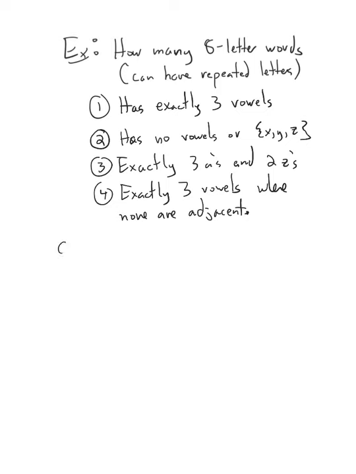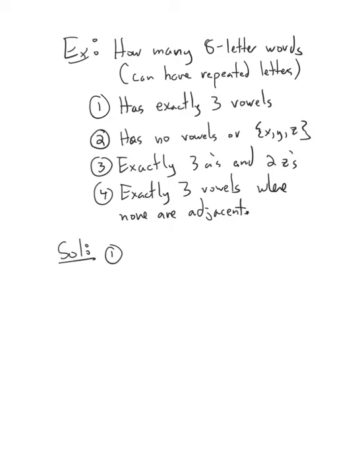Now, counting is one of those things where it is all about the approach that you take. You have to be a little bit creative. And if your first approach doesn't work or doesn't seem to be easily calculatable, maybe it's a good idea to try a different approach. Well, let's look at the first question. Well, it has exactly 3 vowels.